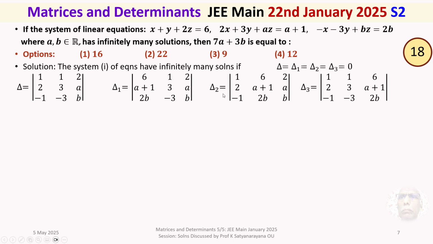Delta 2 is same as delta with the second column replaced by 6, a plus 1, 2b. Likewise delta 3. And to have infinitely many solutions, all these must be equal to 0.